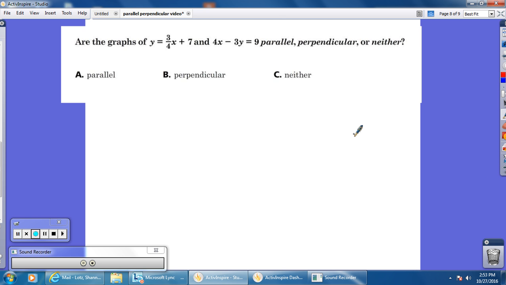Your turn. Are they parallel or are they perpendicular? This one's a little harder because this is in standard form and you have to solve for y.